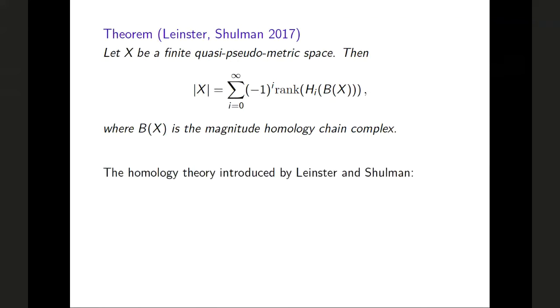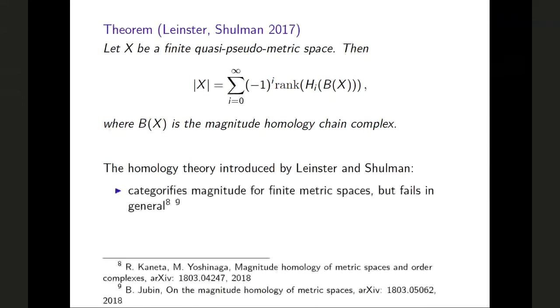And so this homology theory categorifies magnitude for finite metric spaces, but it fails in general. So there are these two papers from 2018 which appeared in the same month.